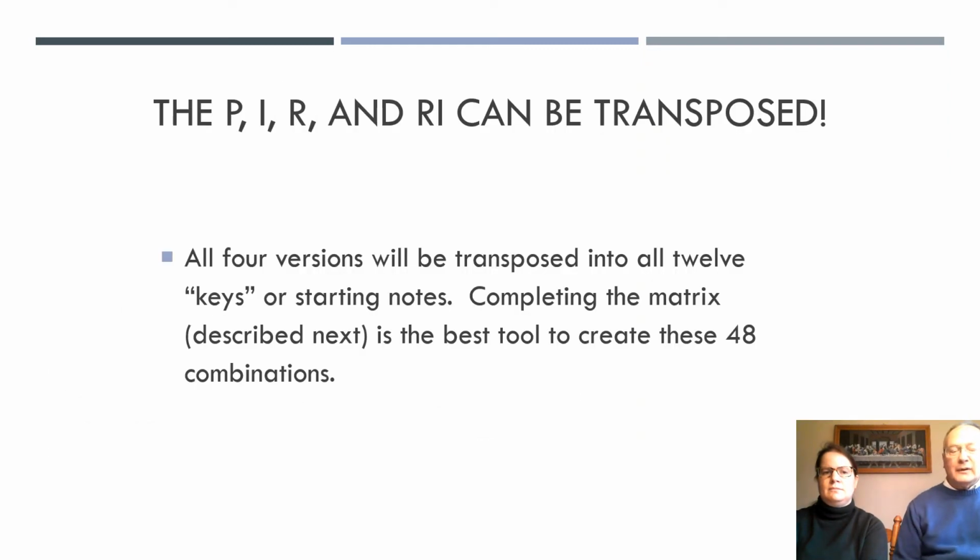As Cindy alluded to earlier, the prime, inversion, retrograde, and retrograde inversion can all be transposed. All four can be transposed into all 12 keys or starting notes. Completing the matrix, which will be described next, is the best tool in order to create these 48 combinations.